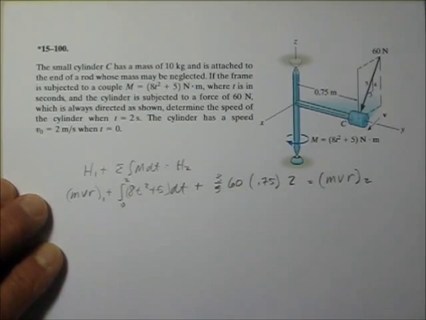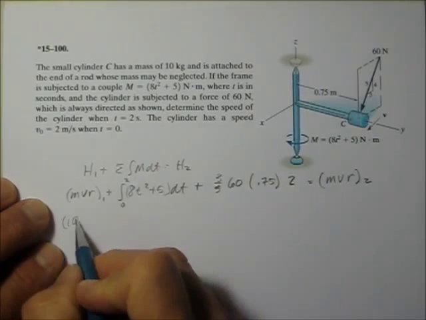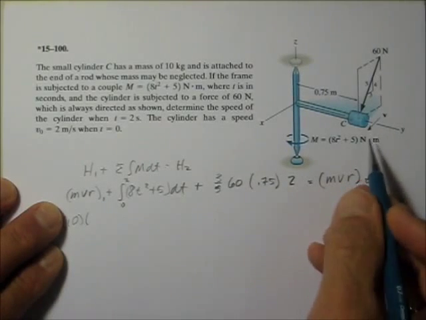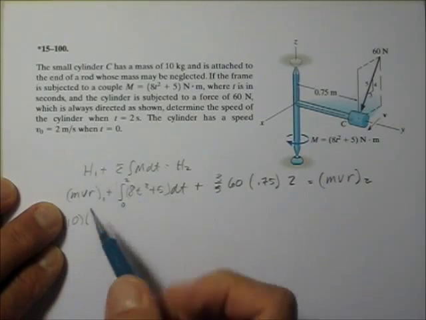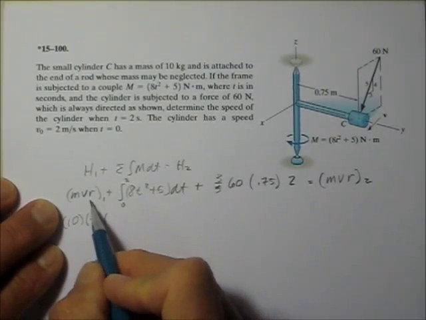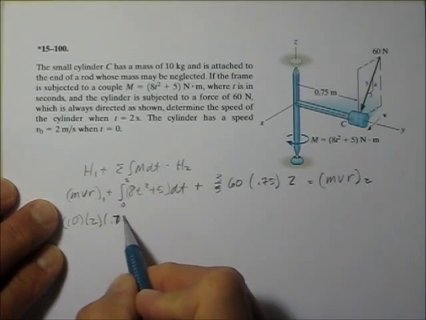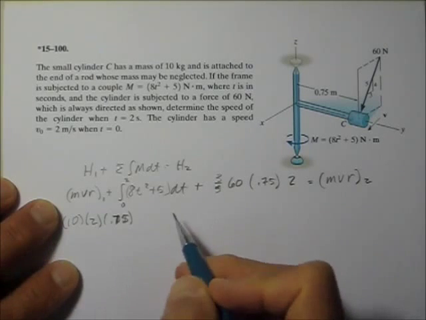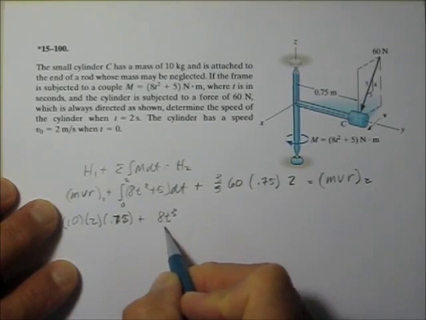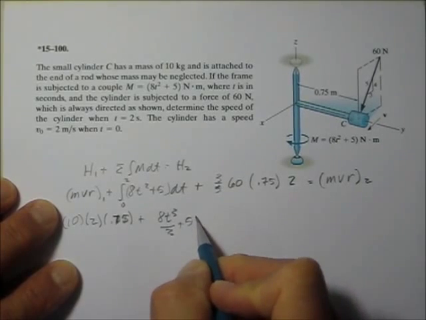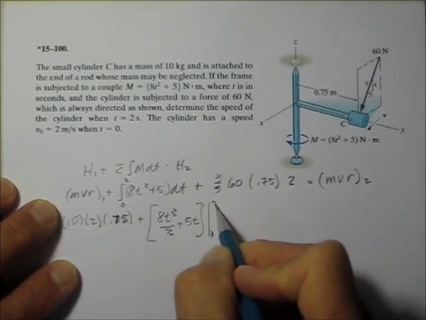Plugging in all the numbers here, we have a mass of 10 kilograms. The velocity here beginning is, I believe, 2 meters per second. My radius is 0.75. Integrating that, I have plus 8t cubed over 3 plus 5t, and that piece needs to be evaluated from 0 to 2.